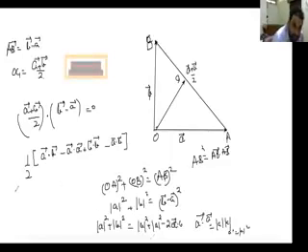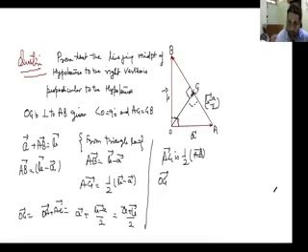See, one more thing. You know that this is a right angle triangle. So I have one relationship: OA square plus OB square equal to AB square. Am I correct? What is OA? Mod A square.